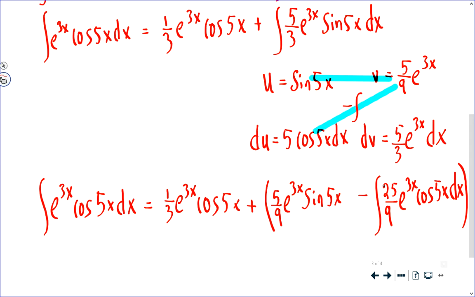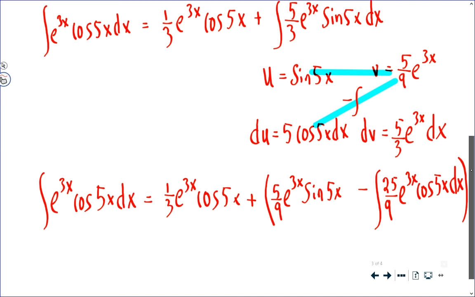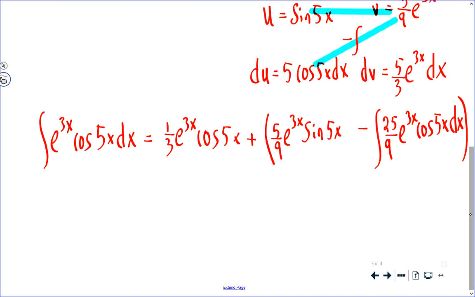Now, in the next step, we can worry about moving that coefficient of the integrand, 25/9, out in front, because we're going to need to know what that number is, and I will explain why that's the case in just a minute. All I'm going to do in this next step is remove the brackets.